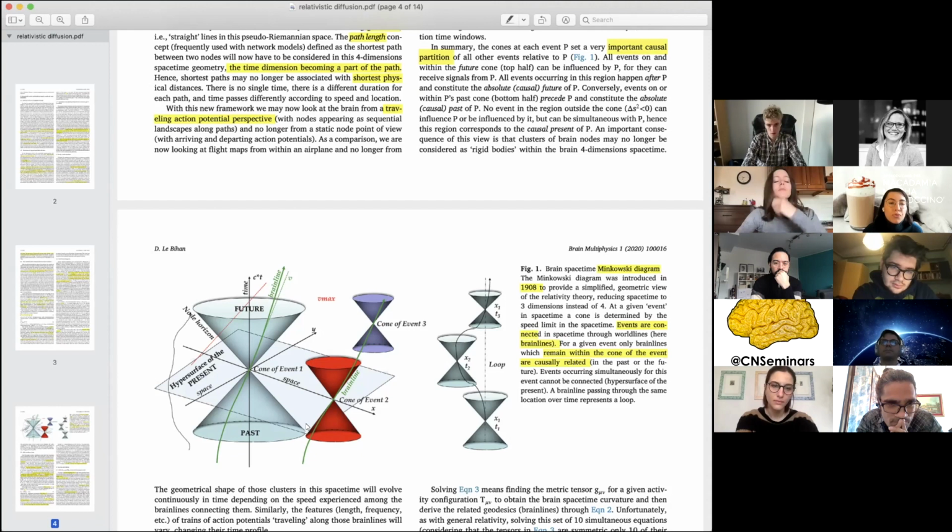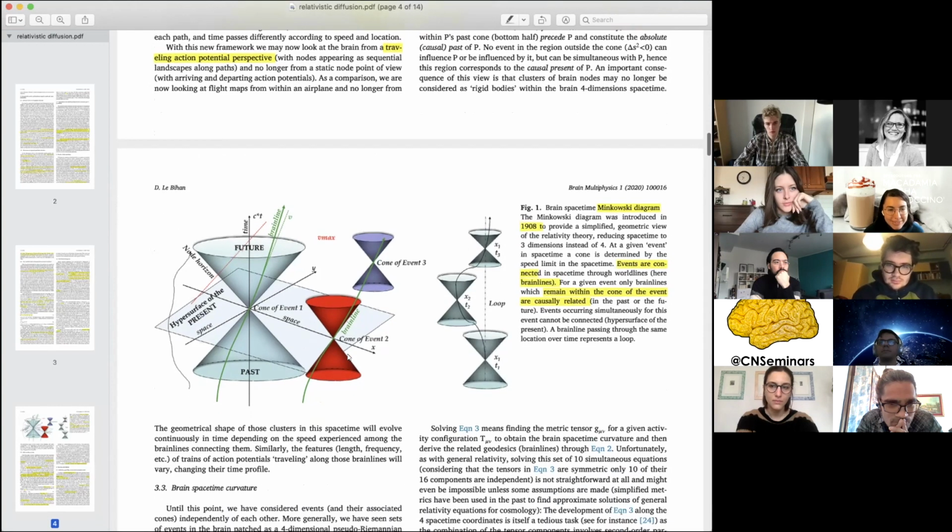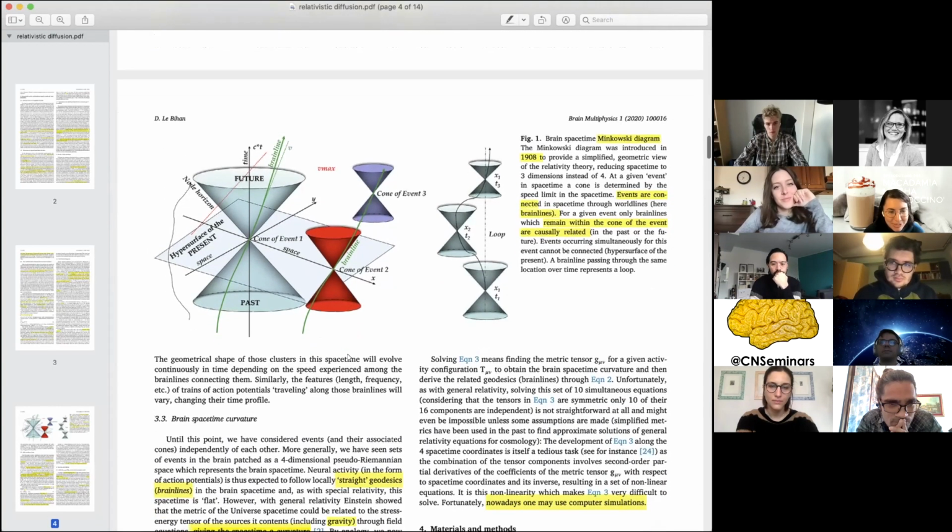If the brain line passes through different cones, these are all the possibilities that one event is interconnected with another event. I hope that this explanation is not too messy. And here the velocity is the slope, so the angle of these brain lines.